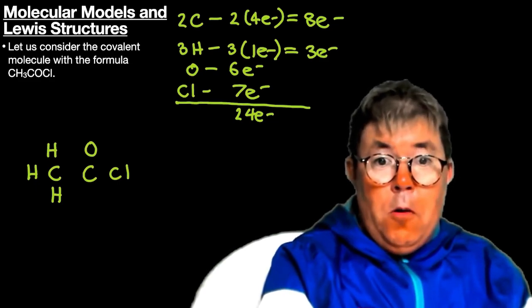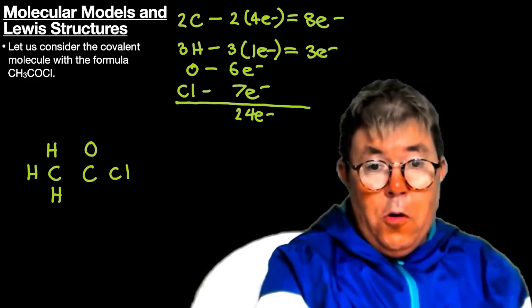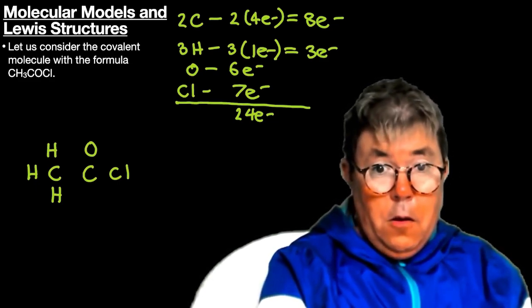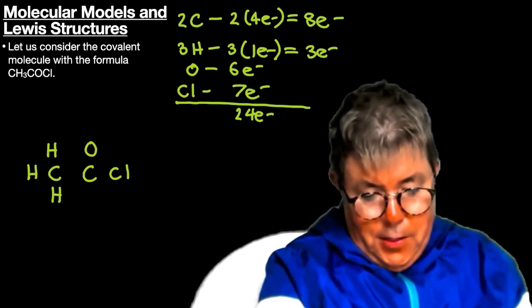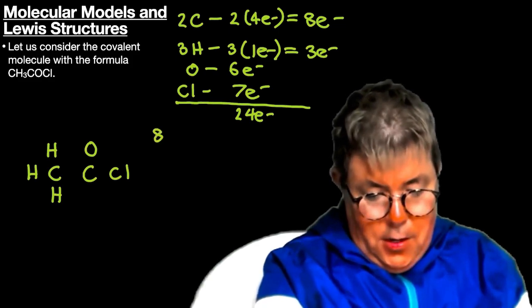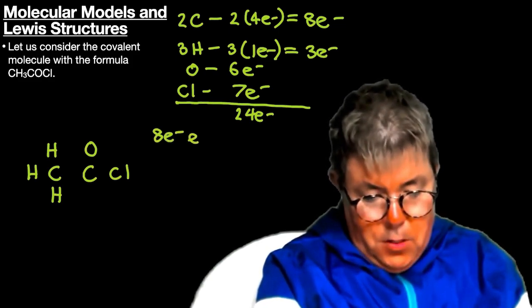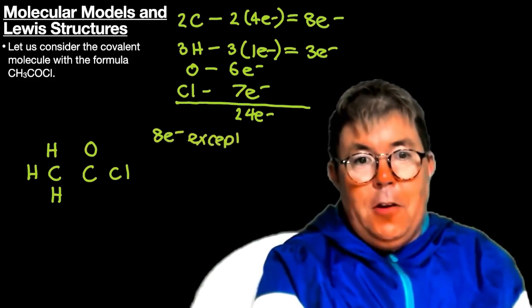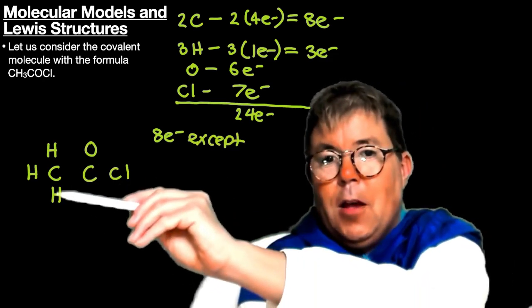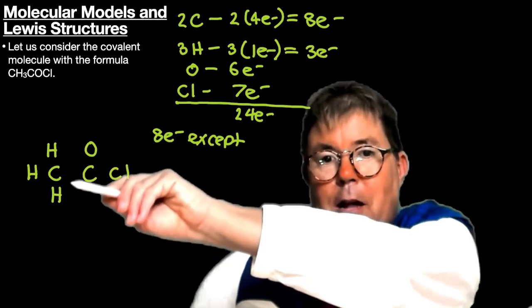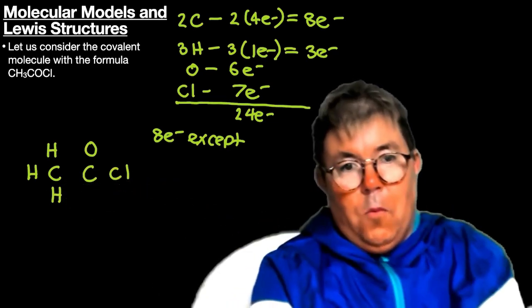If you remember from lecture, everything needs how many dots? Everything needs 8 e-, except, what is the exception? The exception is hydrogen. How many dots does hydrogen need? Only 1.